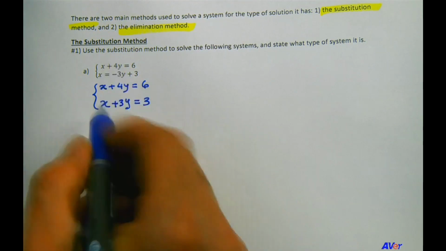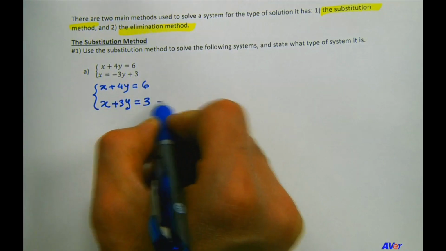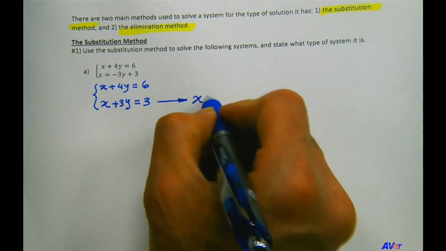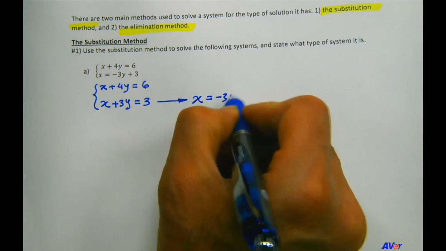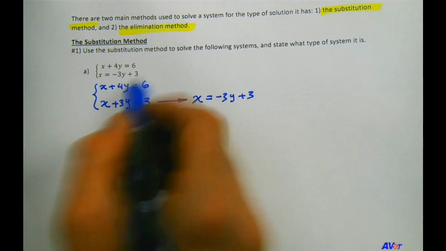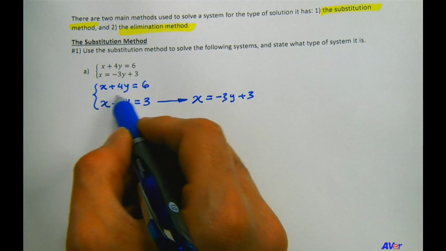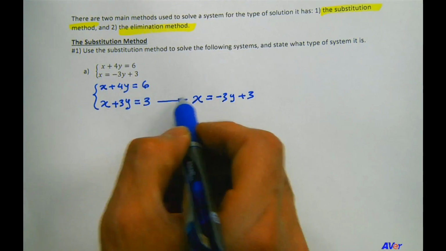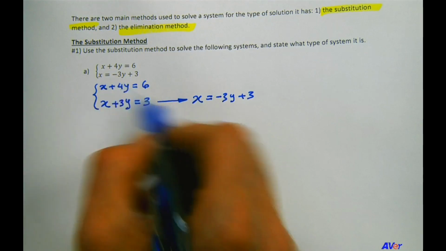So let's do that. I'm going to use the bottom equation to write x equals, again, minus 3y plus 3. Right? So I went back to the system with both variables on one side equal to the constant. Now I want to replace x in the top equation. So I solve for x.